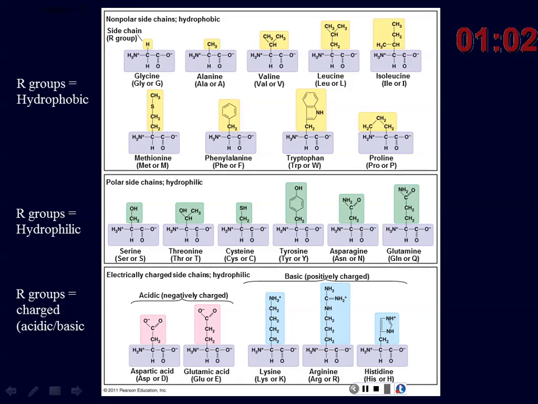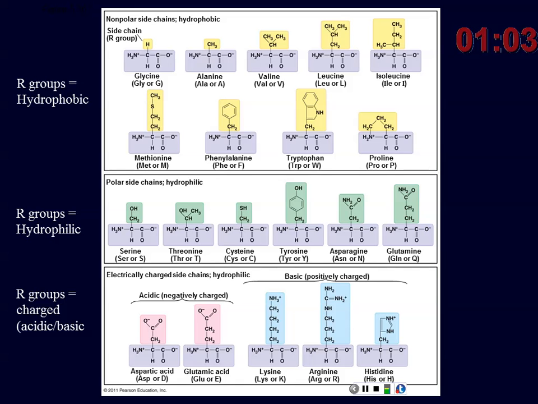The R group is highlighted yellow for this group of amino acids. For this group, the R group is green. And for these, they're pink and blue. Those are the R groups, or side chains. Notice there are 20 different side chains. They are grouped based on the properties of the R group.